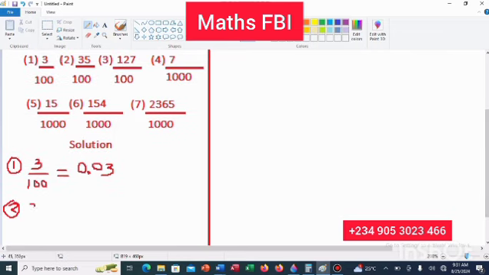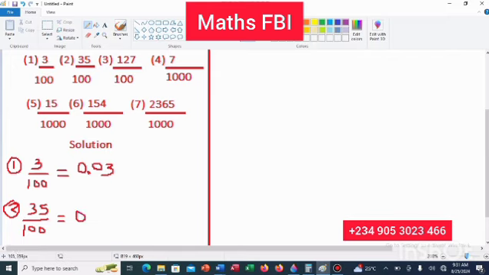35 hundredths, 35 over 100. The same principle applies. 100 is greater than 35, so 100 in 35 is 0.